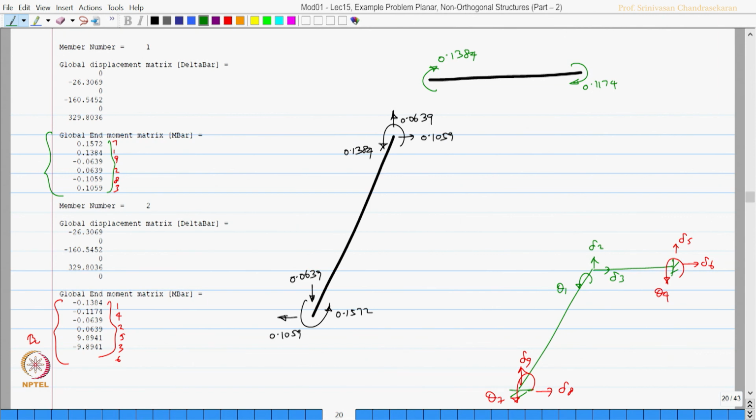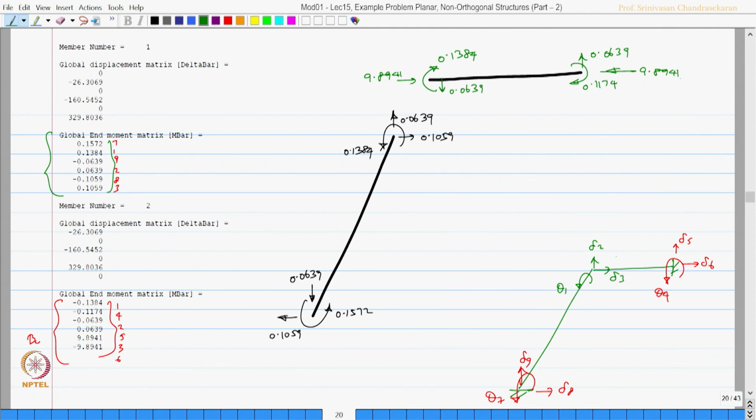Then 2 is negative, so downward, 0.0639, and 5 is positive, so upward, 0.0639. Then degree of freedom 3 is positive, 9.8941, and this is negative, 9.8941.